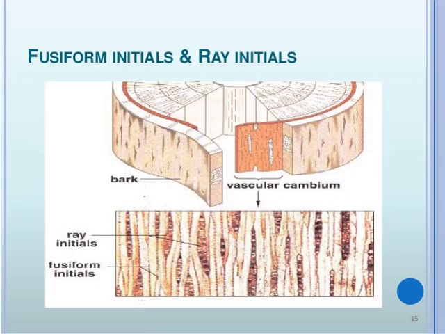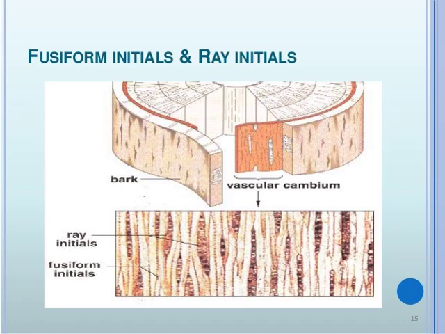The fusiform initial cells are elongated cells with tapered ends. They are very long cells. The longitudinally oriented elements in an organ, such as you studied in previous lectures, like tracheary elements, fibers, xylem and phloem parenchyma, and sieve elements, develop from the fusiform initials.